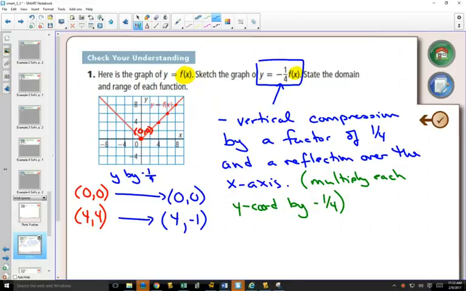What would be another easy point where you could see how it changes? -4, 4. And that would go to -4, -1. Let's just do one more. Is there another nice point? 8, 8? Sure.